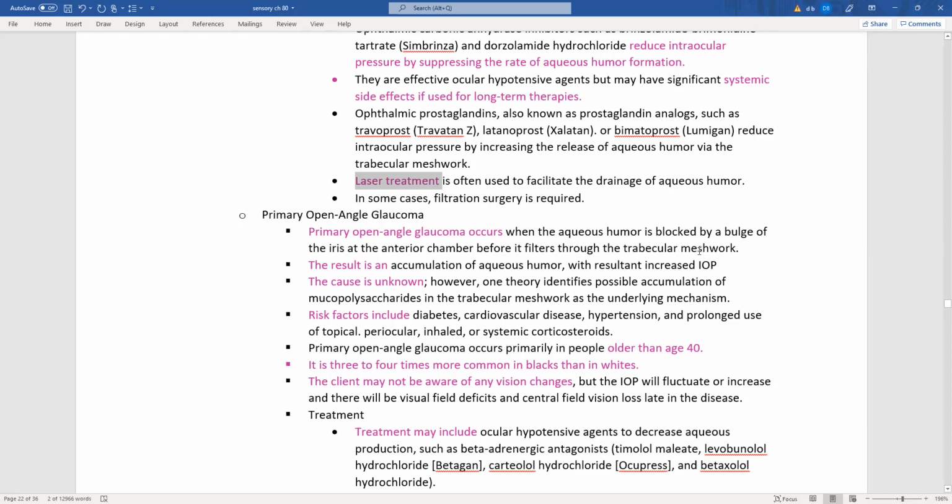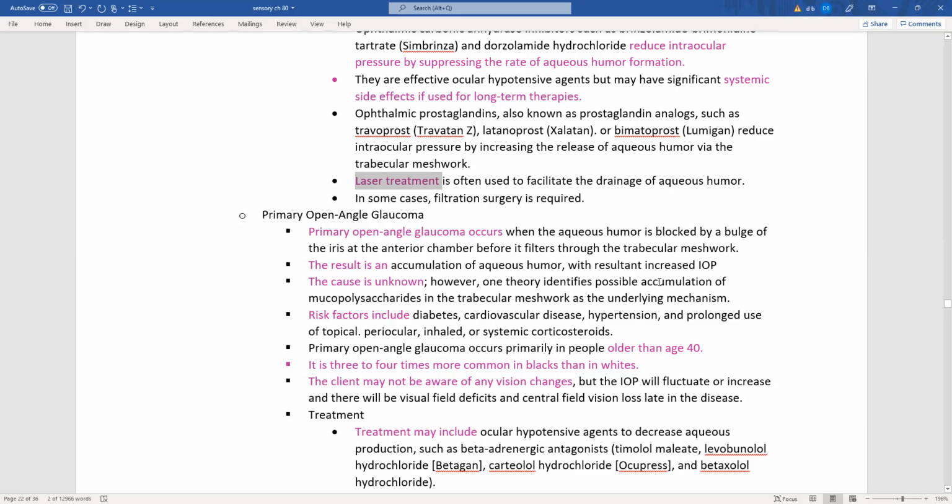That's where the fluid goes down. The aqueous fluid goes down into that and through the canal, right? But when the iris is blocking it, you get a buildup. So that's primary open angle. The result is an accumulation of aqueous humor with resultant increased intraocular pressure.